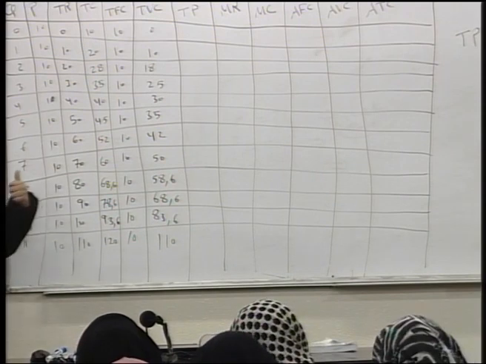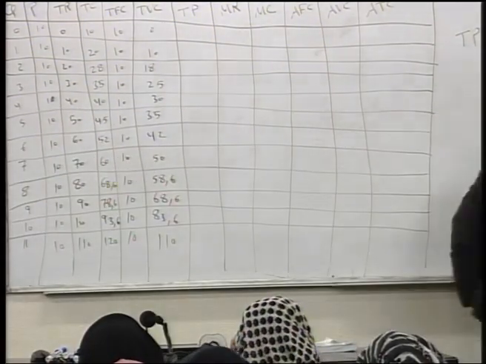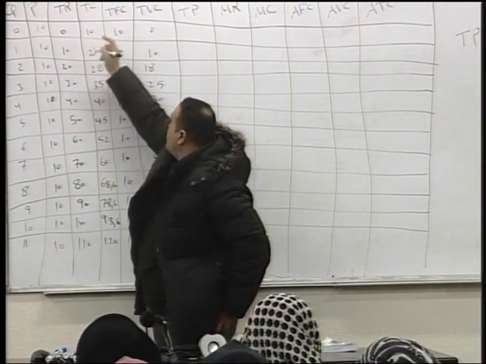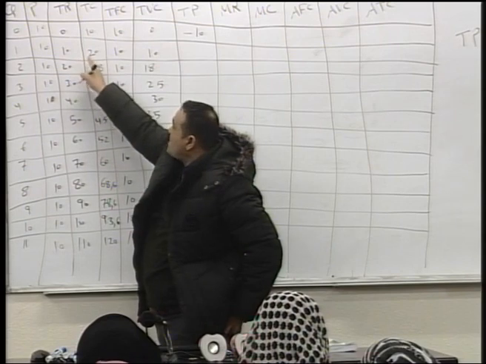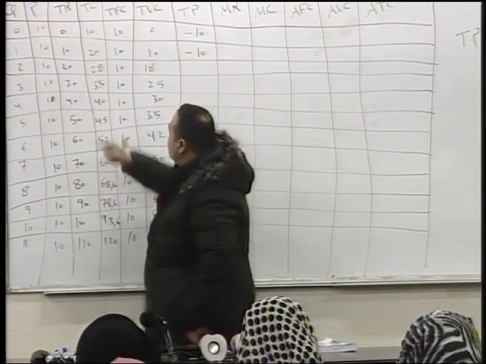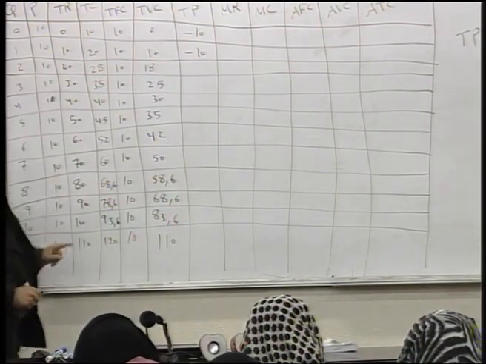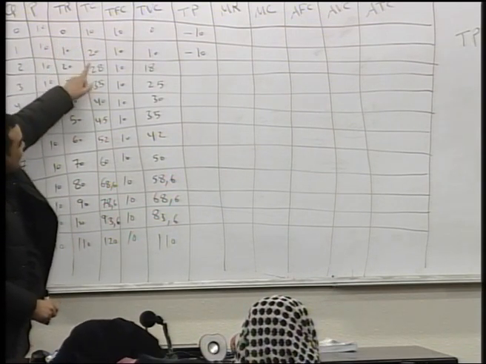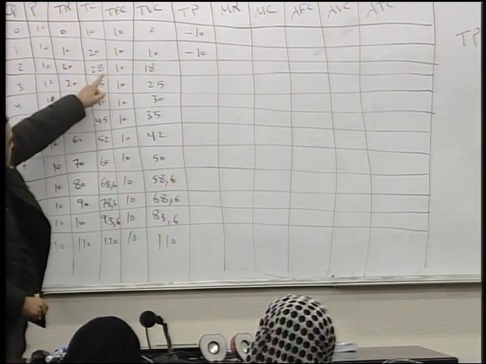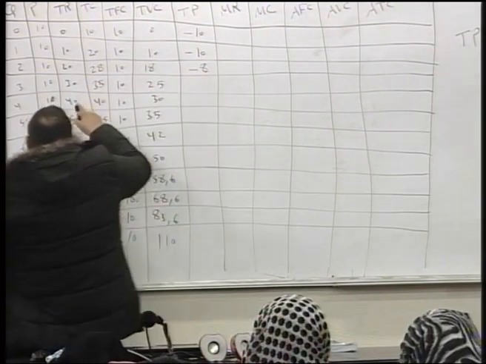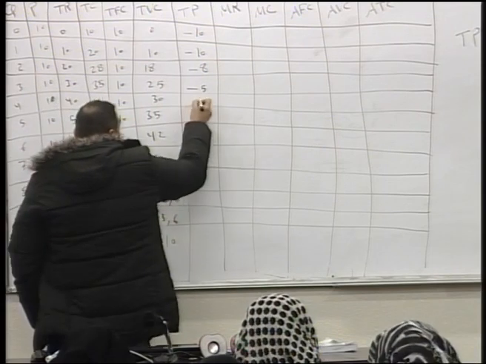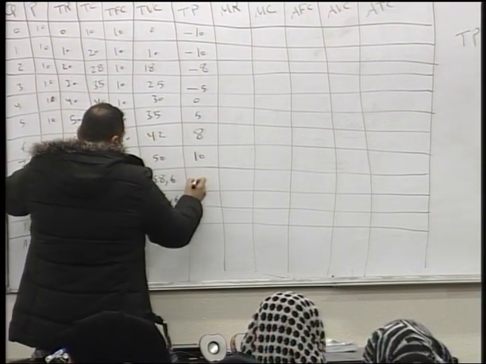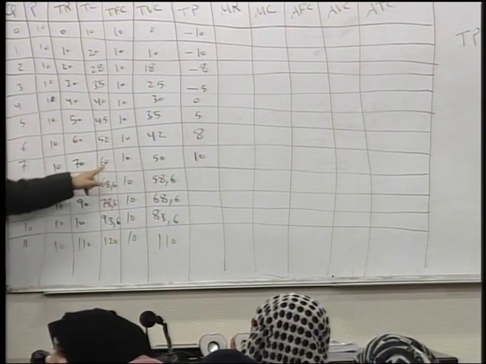Total profit equals total revenue minus total cost. 0 minus 10 is minus 10. 10 minus 20 is minus 10. 20 minus 28 is minus 8, minus 5, 0, 5, 8, 10. 70 minus 60 is 10.